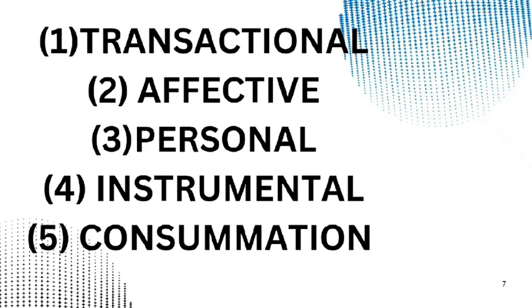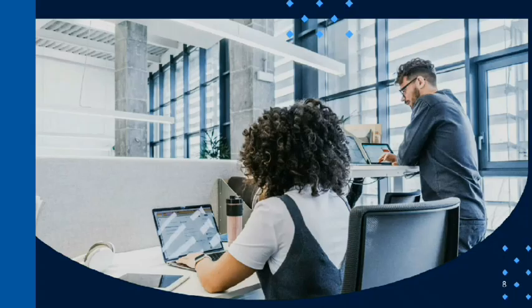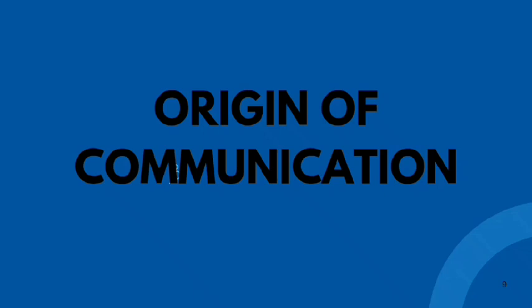Communication is personal, your own personal, not belonging to anyone else, when you're connected with individual people, especially their feelings, characters, and relationships. Communication is personal. It's instrumental. You're transmitting and receiving information or messages. The next is consummation, the act of making something complete or perfect, whether be it voice or data communication. We'll talk about that in our next lesson.